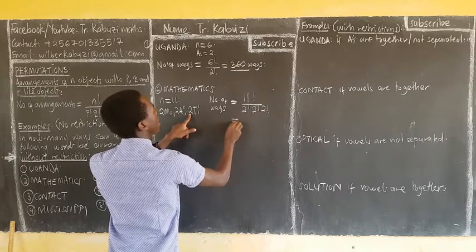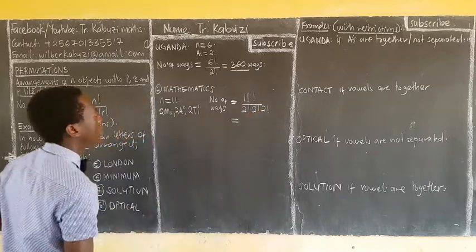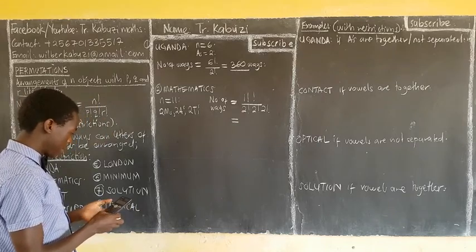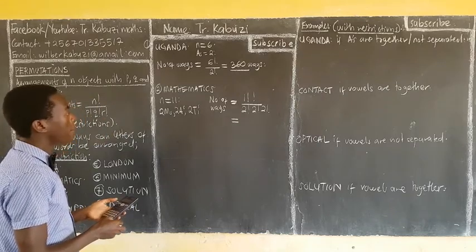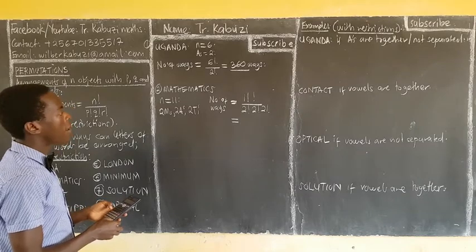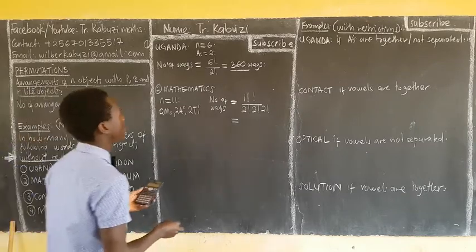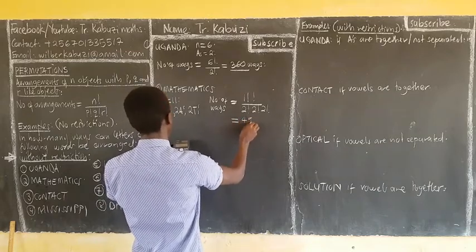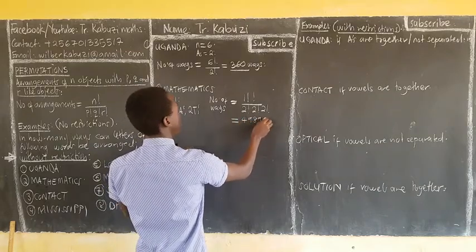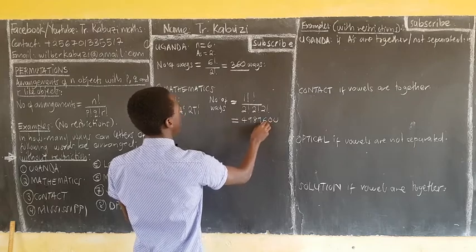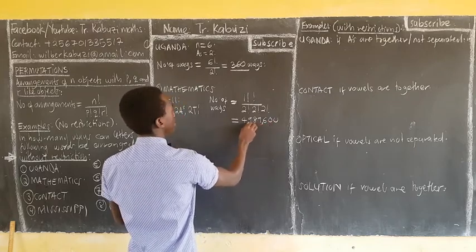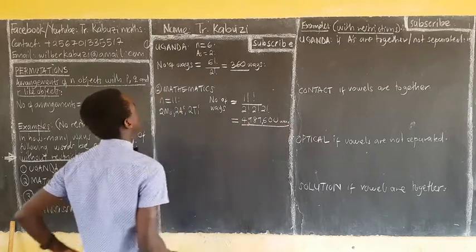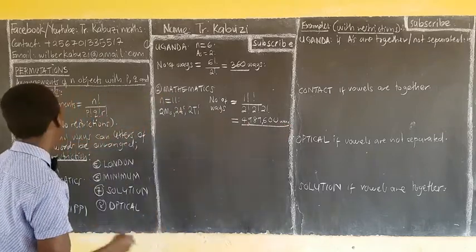Then you just press your calculator. The answer I'm having here is 4,989,600 ways.